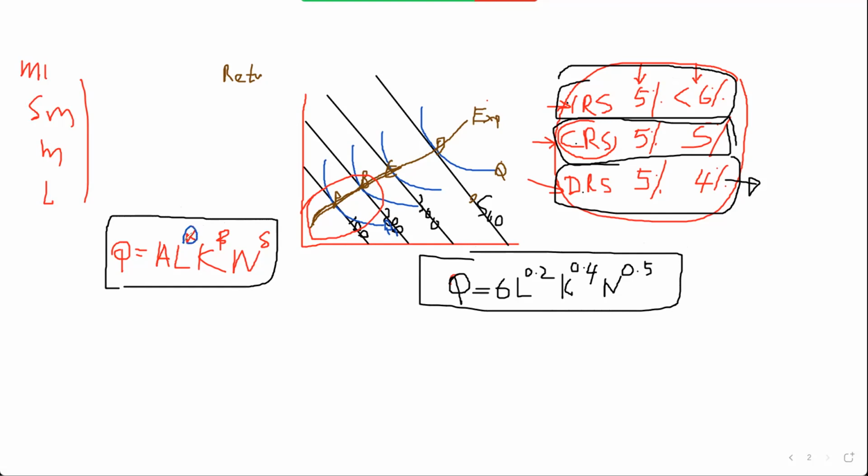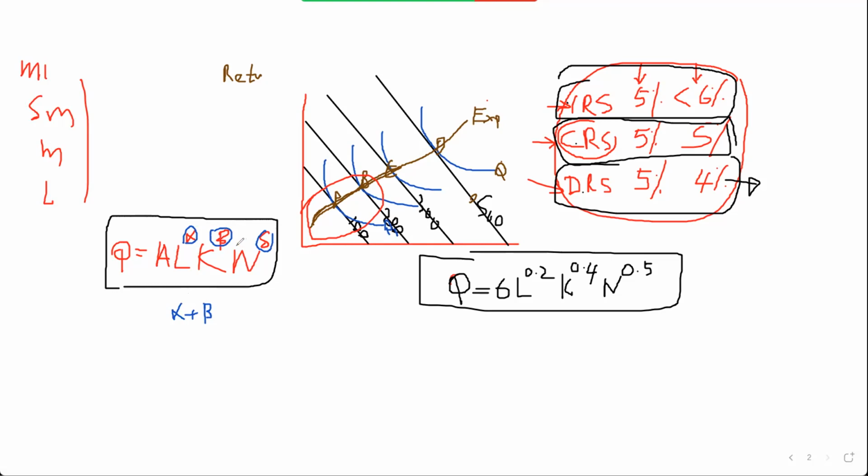relevant to inputs: related to labor, alpha; capital, beta; gamma. If you add these values in the Cobb-Douglas type production function, these values are, for example, labor elasticity, in the case of capital, capital output elasticity.